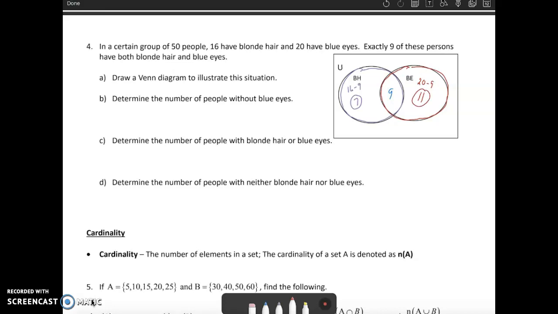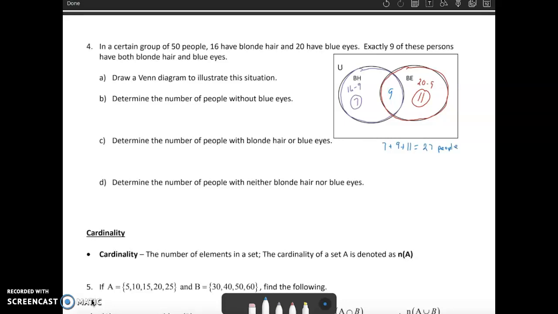Does that even add up? That doesn't add up, right? So far we have 7 plus 9 plus 11 people accounted for, but that doesn't add up to 50. Agreed? That's only 27 people.